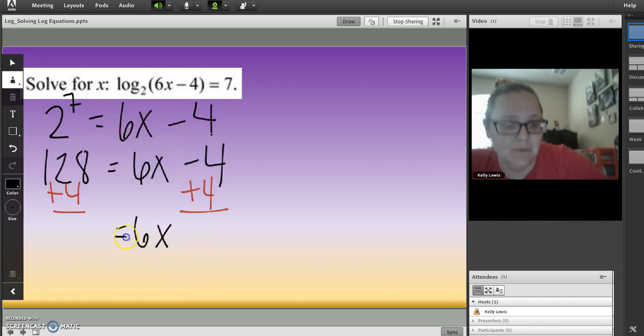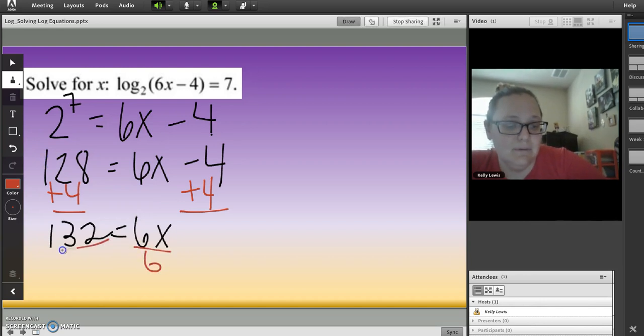I get 6x equals 128 plus 4. I get 132. And then that 6 is being multiplied, and the opposite of multiply is divide. So 132 divided by 6 is 22.